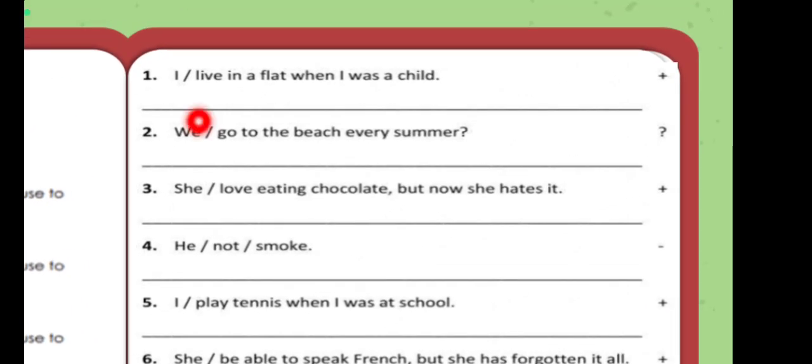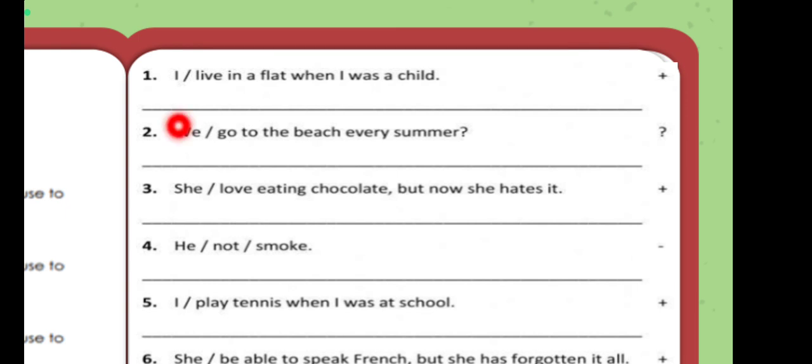Now, Franciani, can you continue with this activity? Here you have a noun and the other part of a sentence, and you will need to complete it by using "used to" according to this symbol, if it is affirmative, interrogative, or negative. Okay. I used to live in a flat when I was a child.